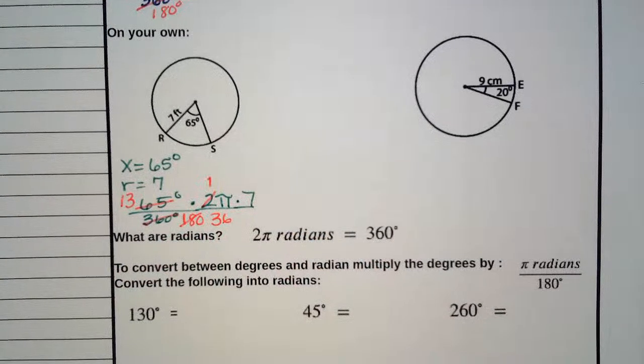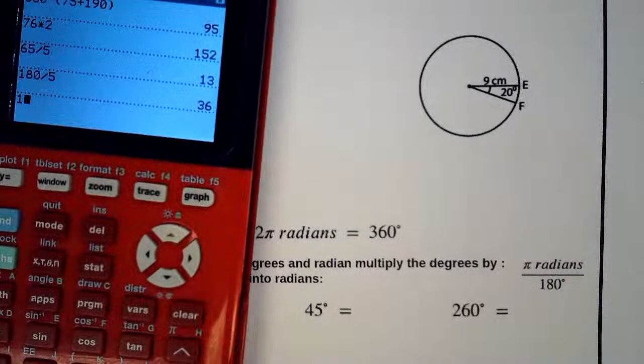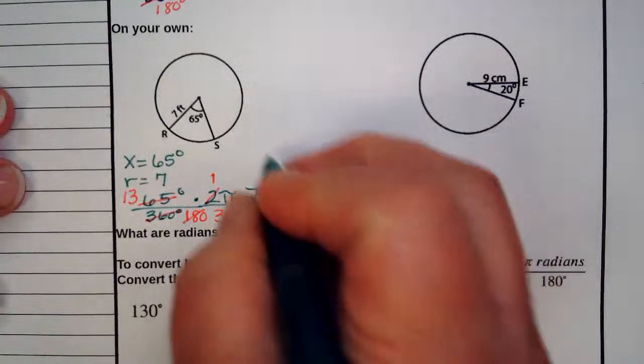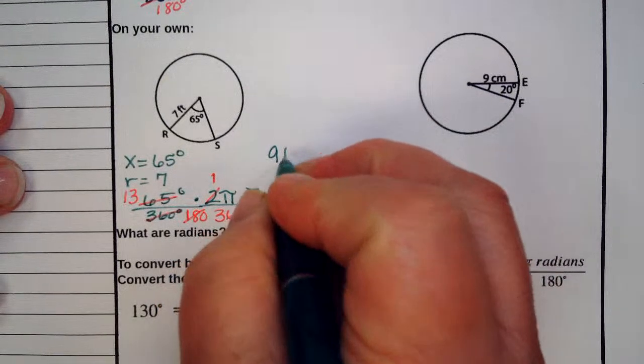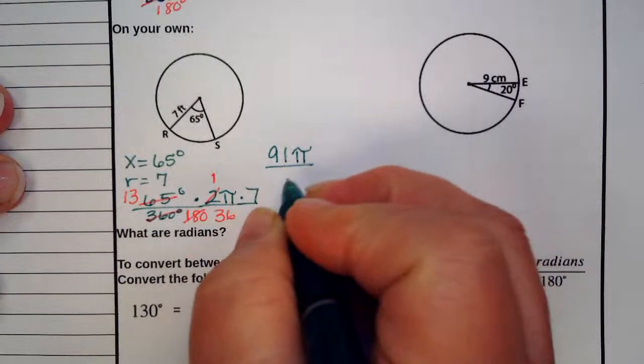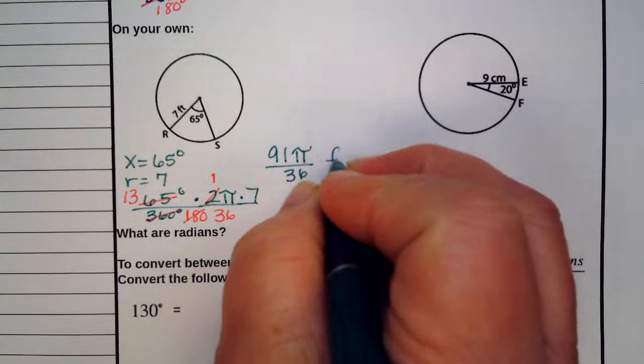Does 13 go evenly into 36? No, it does not. So now I need to take 13 times 7. And I end up with 91. So I've got 91 pi divided by 36, and this will be feet.